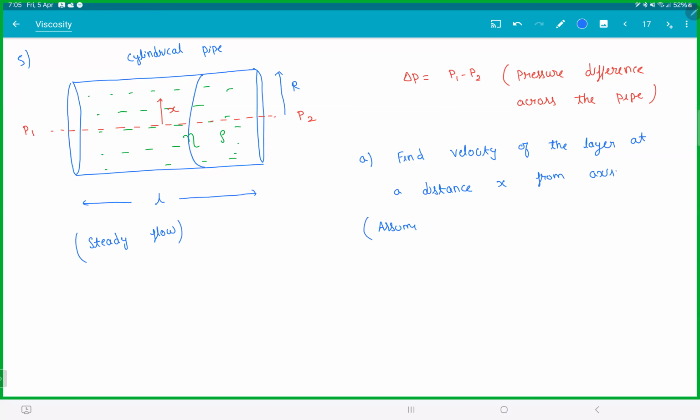So we are assuming this outermost layer, which is touching the cylindrical pipe, is at rest. Find kinetic energy of the liquid. The pipe's length is L. To find the kinetic energy of the liquid in the pipe.